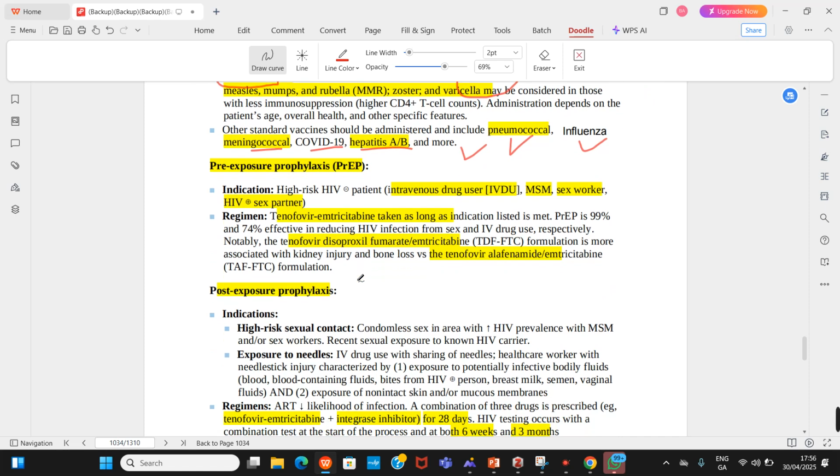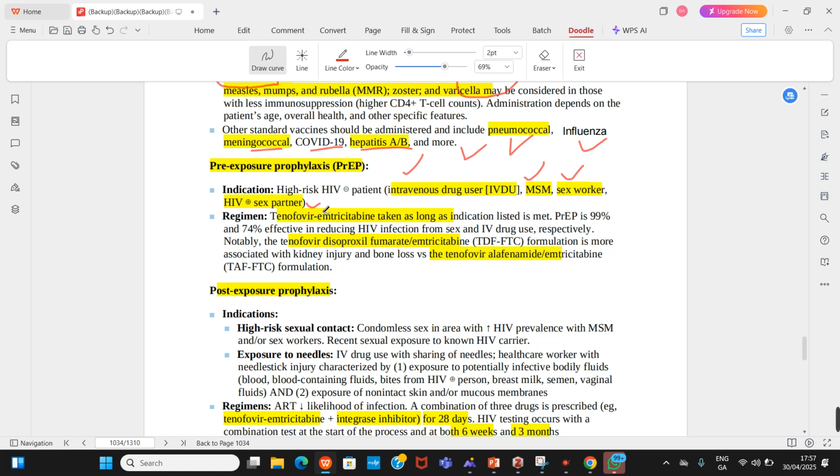So what are the indications for pre-exposure prophylaxis? Before you do something risky, you want to take the drug. Before I inject myself with drugs, I have to take PrEP. Before I have sex with another man, before I have sex with a sex worker, before I have sex with someone that's HIV positive, I have to give myself the drug.